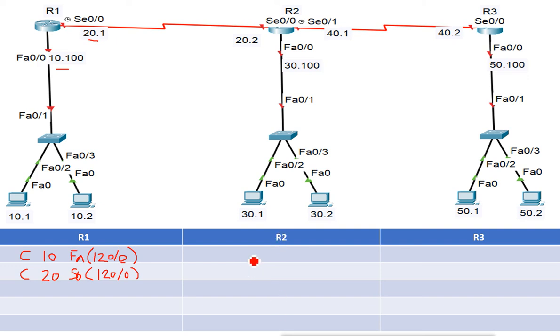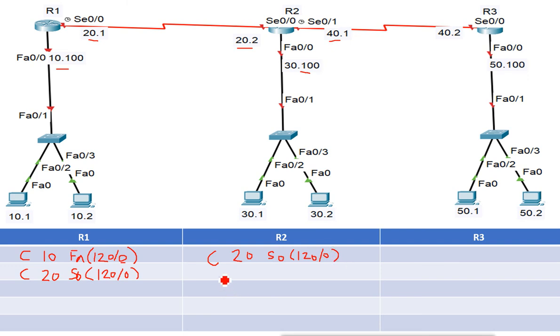For this router also, we configured the connected networks: 20, 30 and 40. Network 20 is connected from serial interface 0, and the AD value is 120, and because it is directly connected, the hop count is 0.